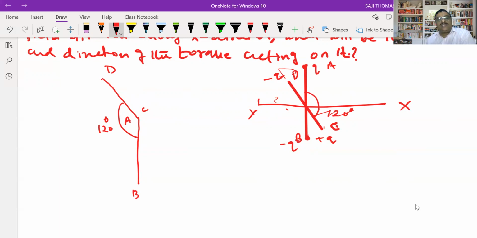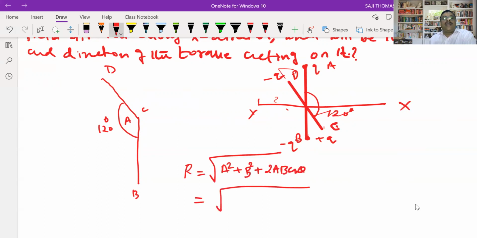What is the equation for the resultant? You know this equation. Resultant is equal to root of A square plus B square plus 2AB cos theta. Here, identical dipole moment: root of P square plus P square plus 2P square cos 120.